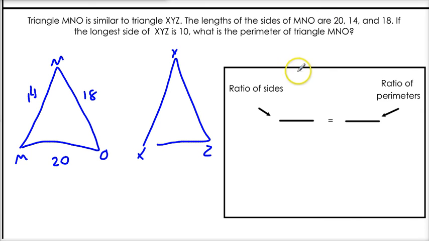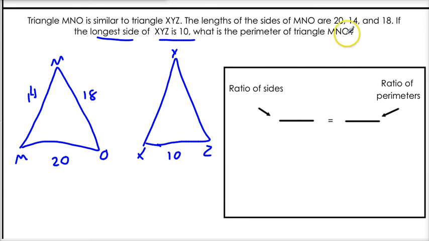No, because it doesn't tell you. The longest side of XYZ is 10. What is the perimeter of MNO? Well, if the longest side here is 20, we should put our 10 over here. Remember, they should correspond to each other. So if the longest side is on the bottom, the longest side of XYZ should also be on the bottom. Those are the only things that you should be worrying about.